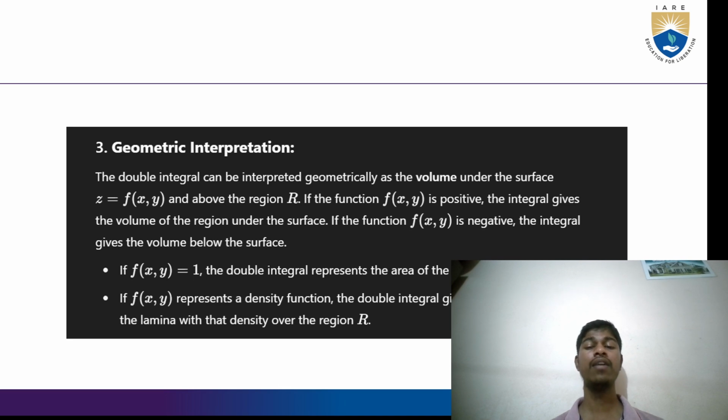If the function f of x and y is negative, the integral gives a volume below the surface. If the function f of x and y is equal to 1, the double integral represents the area of region R. If the function f of x and y represents a density function, the double integral gives the total mass of the lamina with that density over the region R.